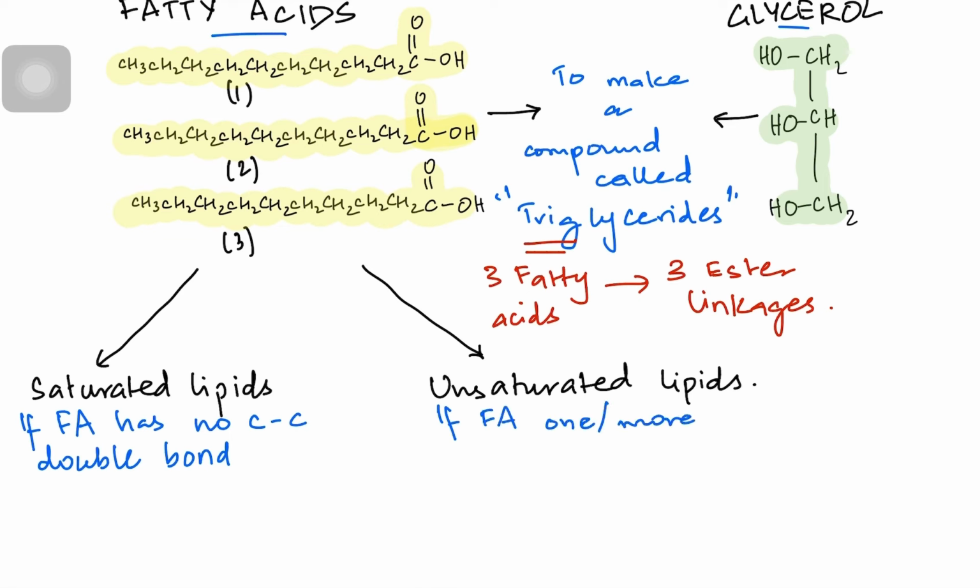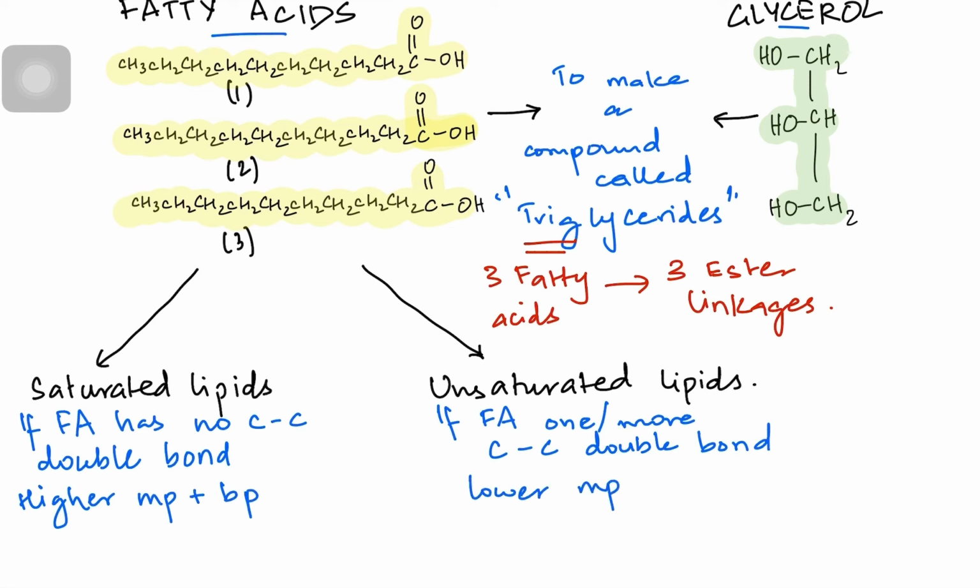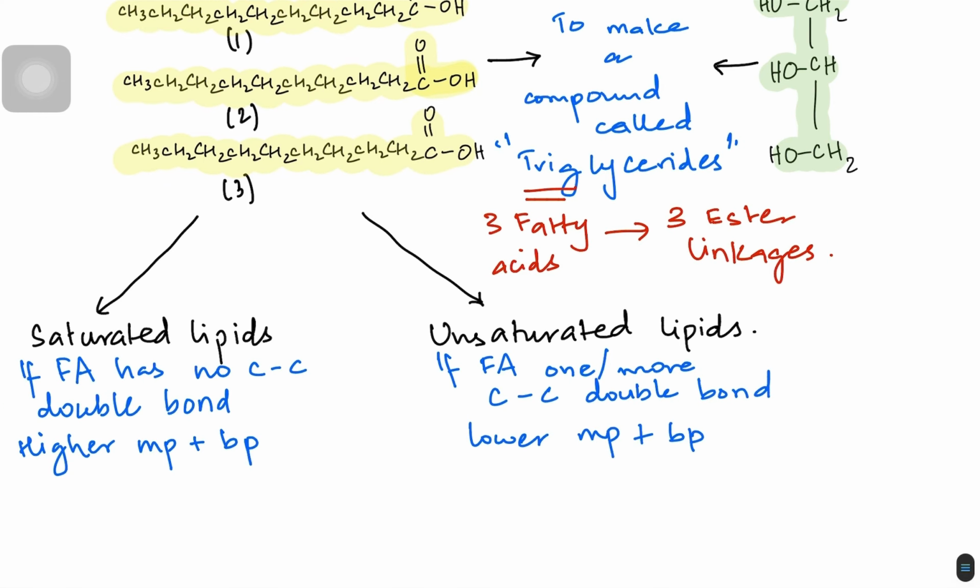If a fatty acid has 1 or more carbon-carbon double bonds, it's going to be called unsaturated. The saturated ones have higher melting points and boiling points. The unsaturated ones have lower melting points and lower boiling points.